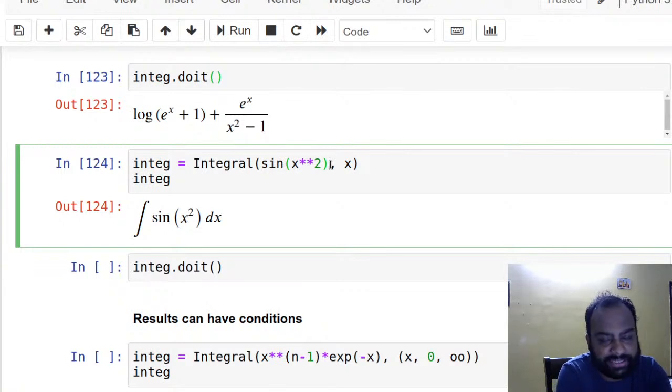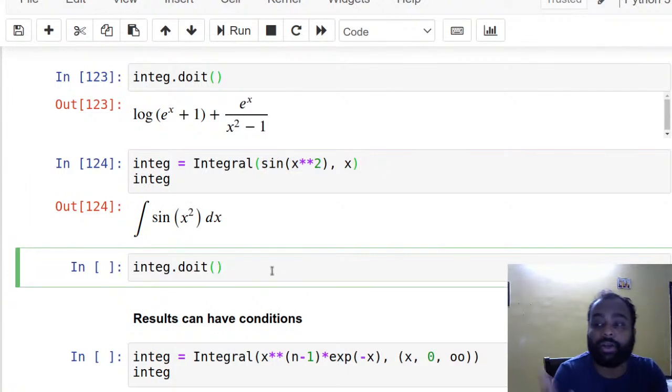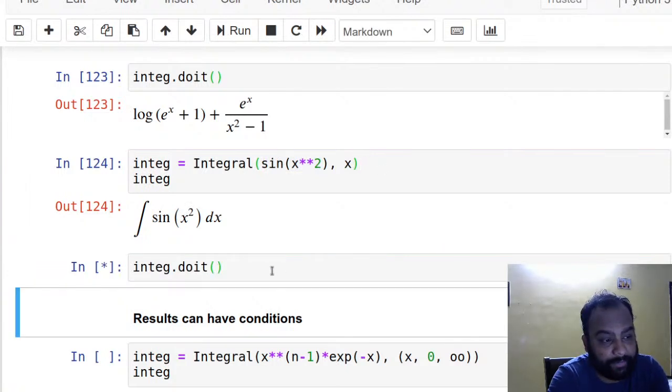So indefinite integrals are essentially antiderivatives. Now we are looking for the antiderivative of sine of x square. It's not sine square x. It's sine of x square, right? If I do that, the result might not look like something you have already seen.